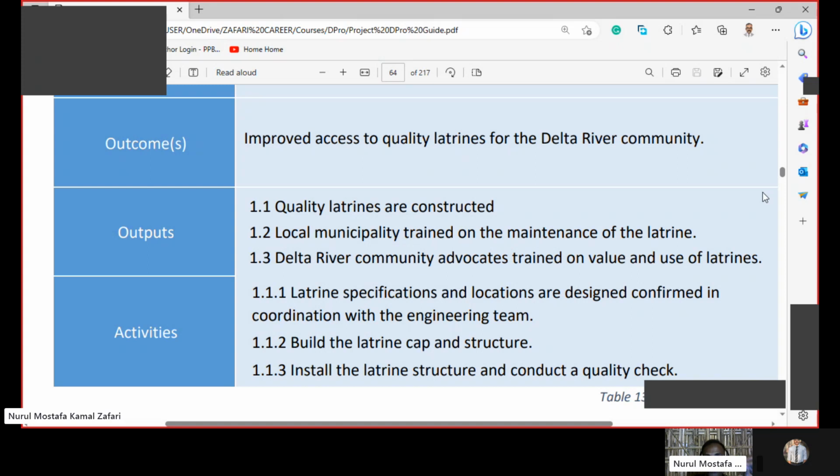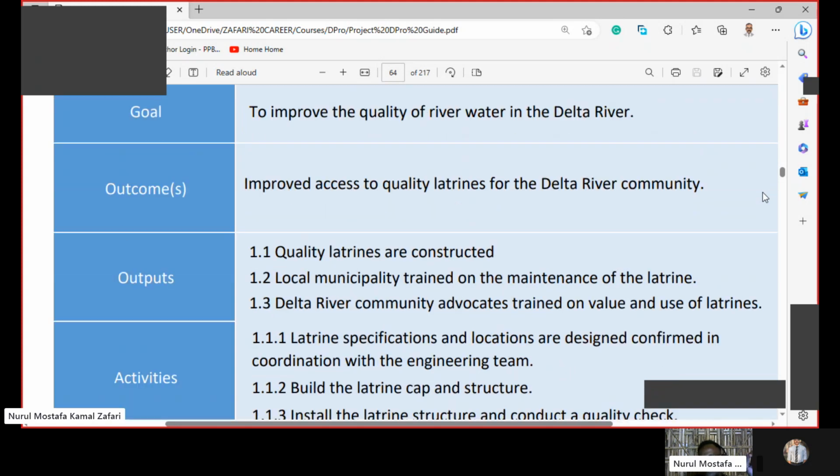If the outputs are achieved, then the outcome is taking place, it is occurring. Means improved access to quality latrines for the Delta River community, meaning the accessibility of the Delta River community people to quality latrines has improved.